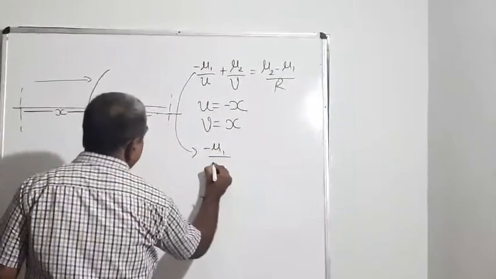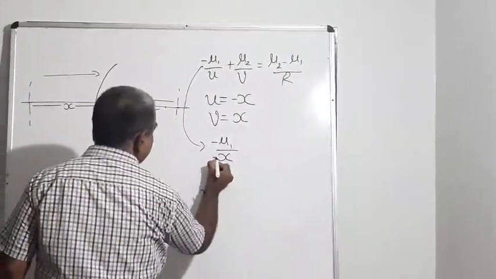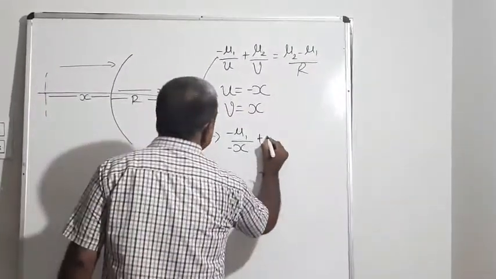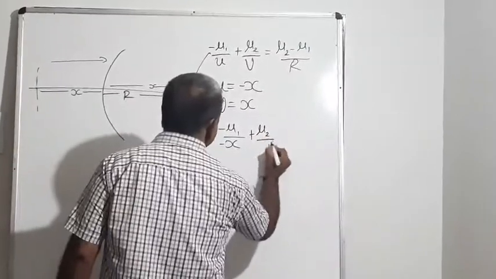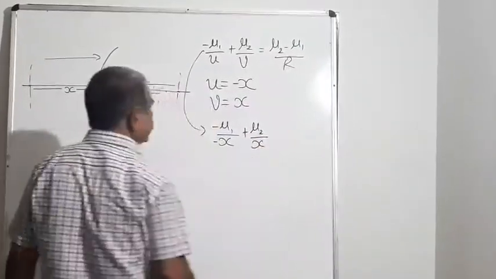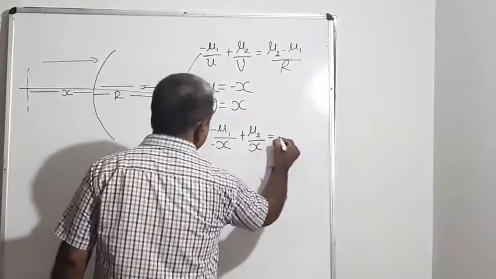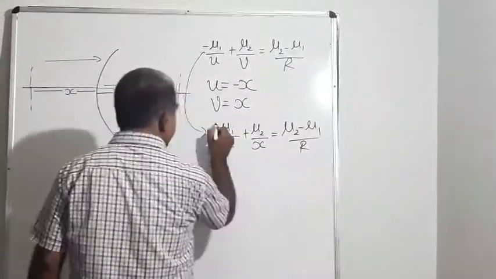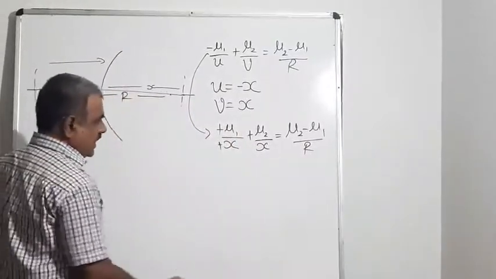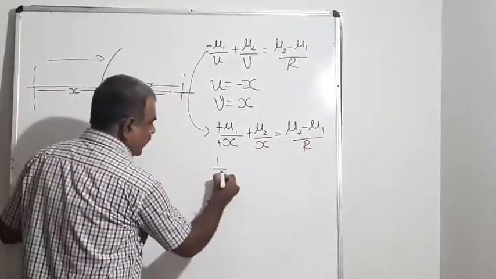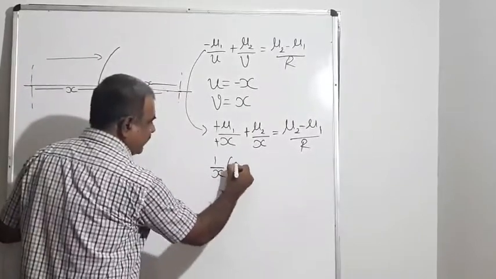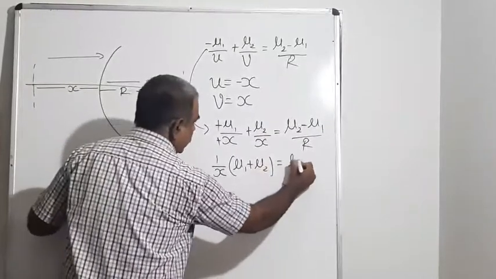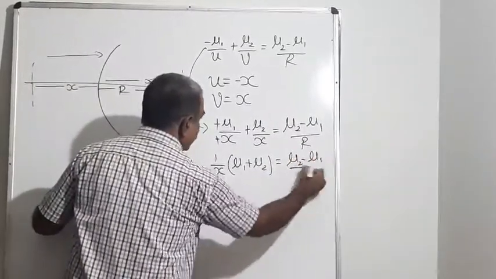Minus mu 1 by x, as per sign convention it is minus x, plus mu 2 by x is equal to mu 2 minus mu 1 by r. So what do we have? 1 by x inside the bracket mu 1 plus mu 2 is equal to mu 2 minus mu 1 by r.